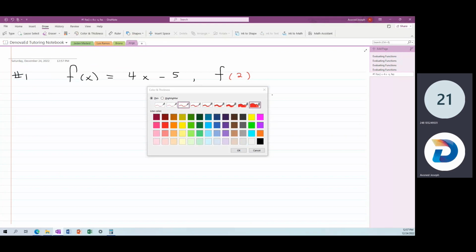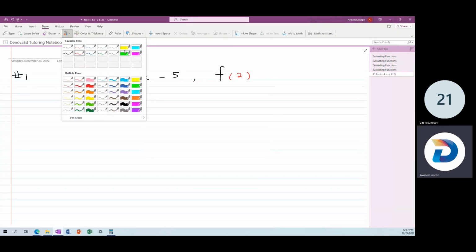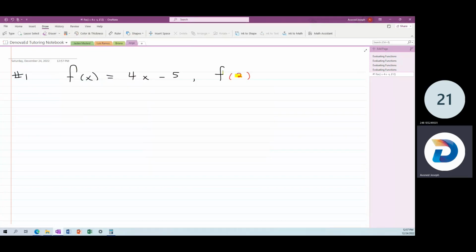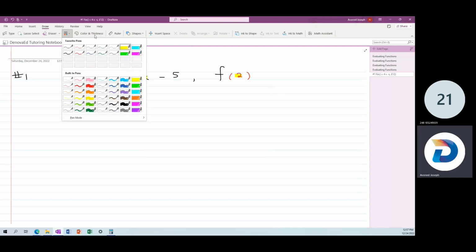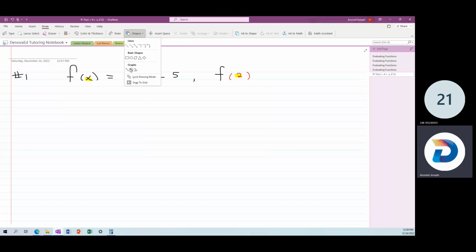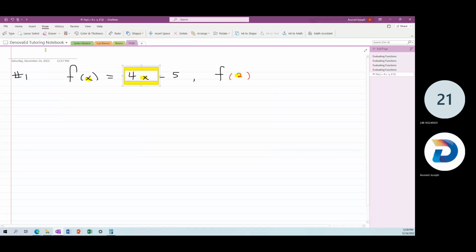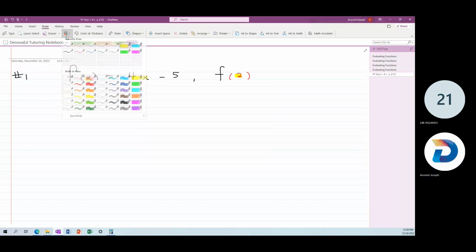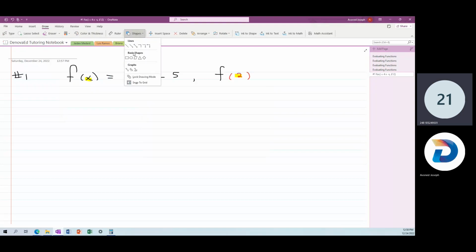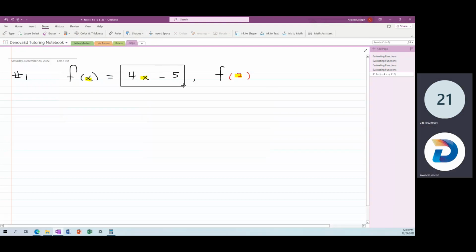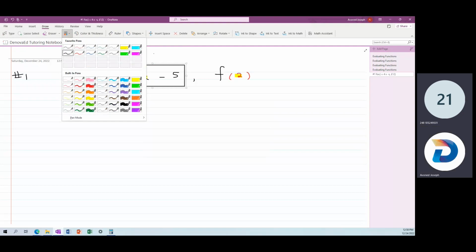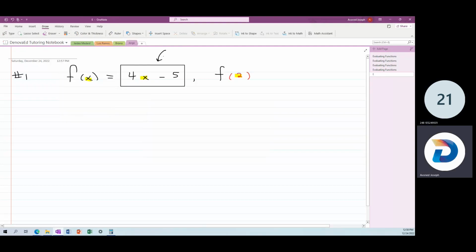So our goal always is, whatever value they give us for f, we need to plug that in for x everywhere we see it. This is our goal right here. We need to plug in 2 for x.